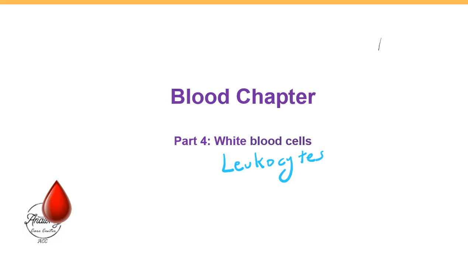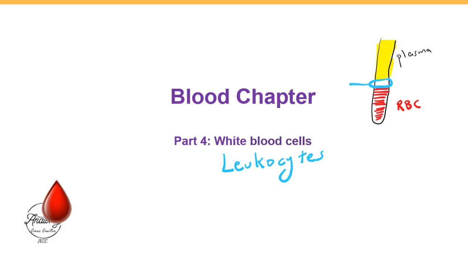When we talked about the blood composition, we withdrew the blood, placed it in a tube, and centrifuged it. After centrifugation, we found that the bottom layer of our tube was red, which we said is our RBC. The top layer was yellow, which was the plasma, 55% of our blood. But there was a very thin layer between the yellow and red.